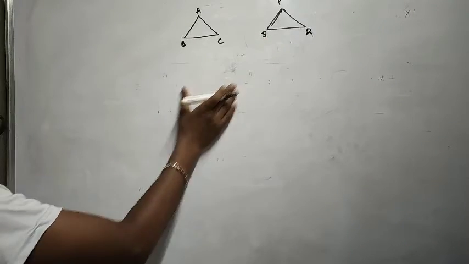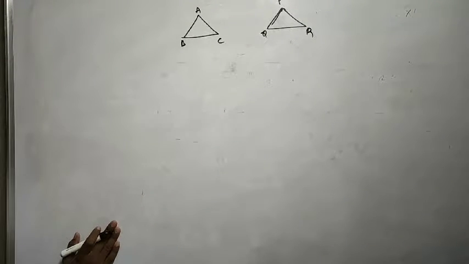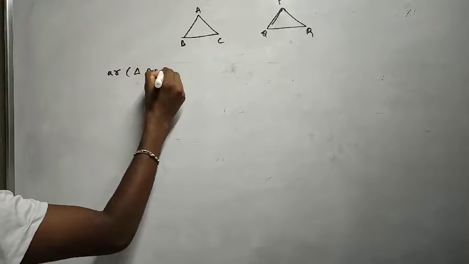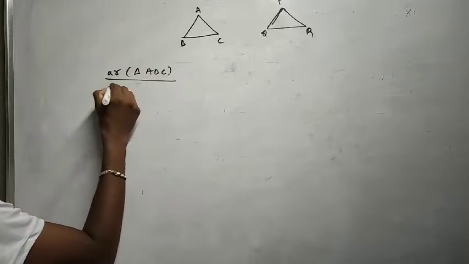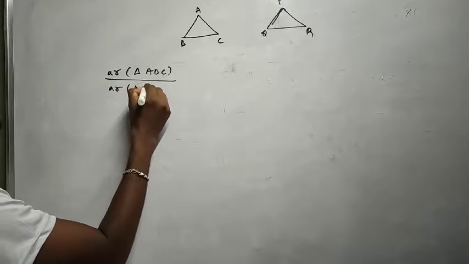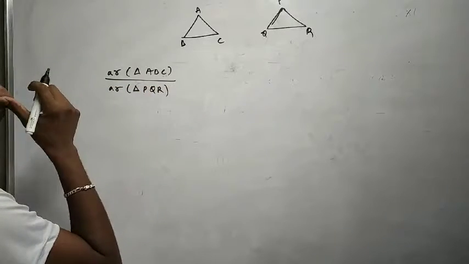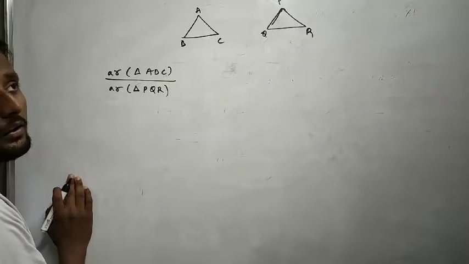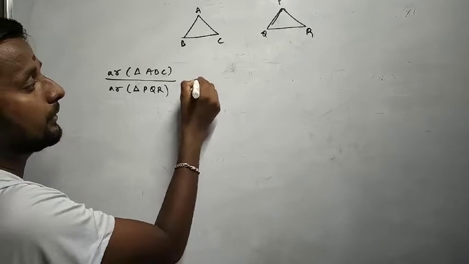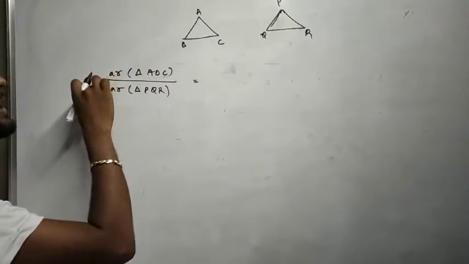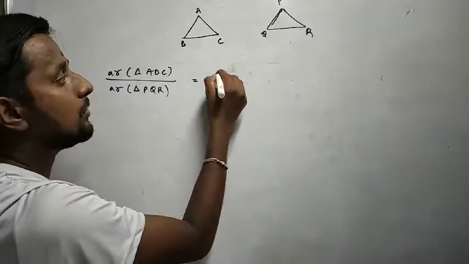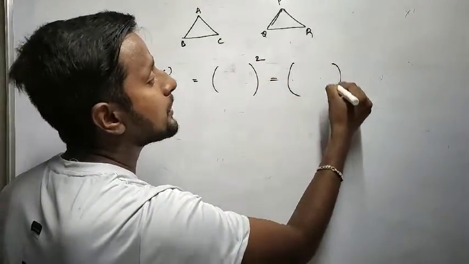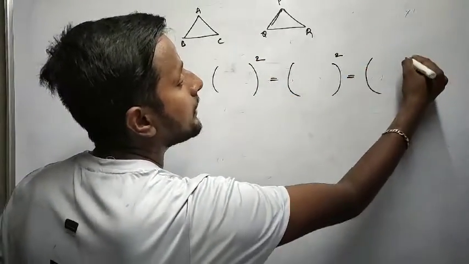If two triangles are already similar, then the ratio of areas of similar triangles, that means the ratio of the area of triangle ABC to the area of triangle PQR, is equal to the square of the ratios of its corresponding sides.